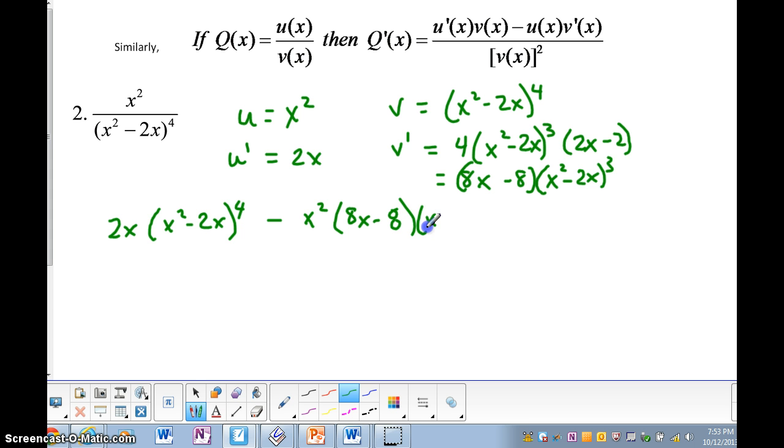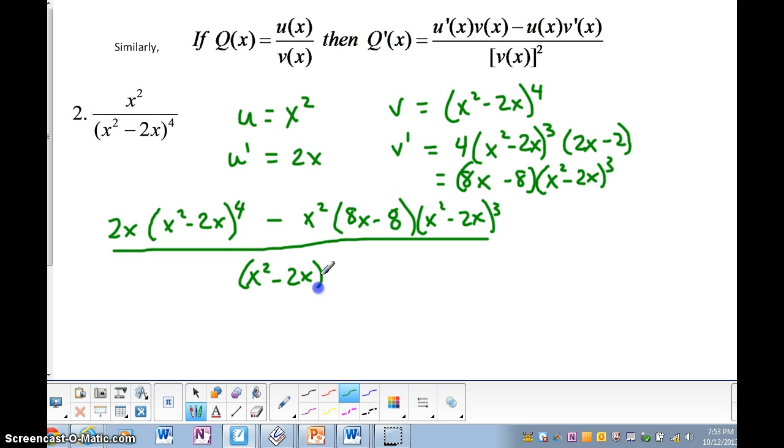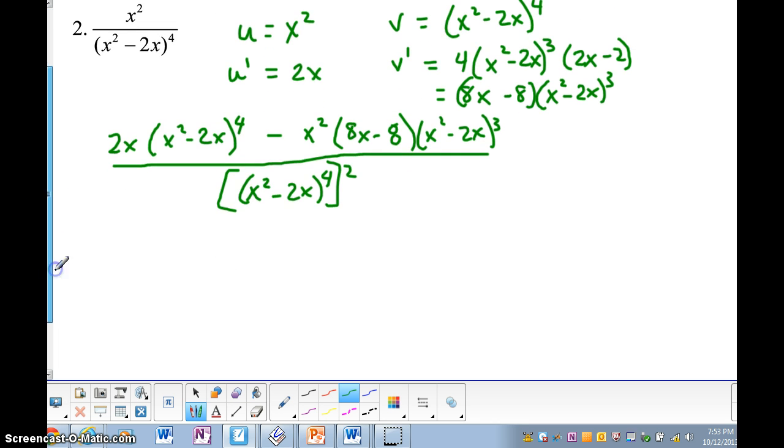Okay, so let's plug all that in. And that would be all over v squared. So x squared minus 2x to the fourth power squared. So this is going to simplify to x squared minus 2x to the eighth power. Let's go ahead and do all of that simplifying in one step.